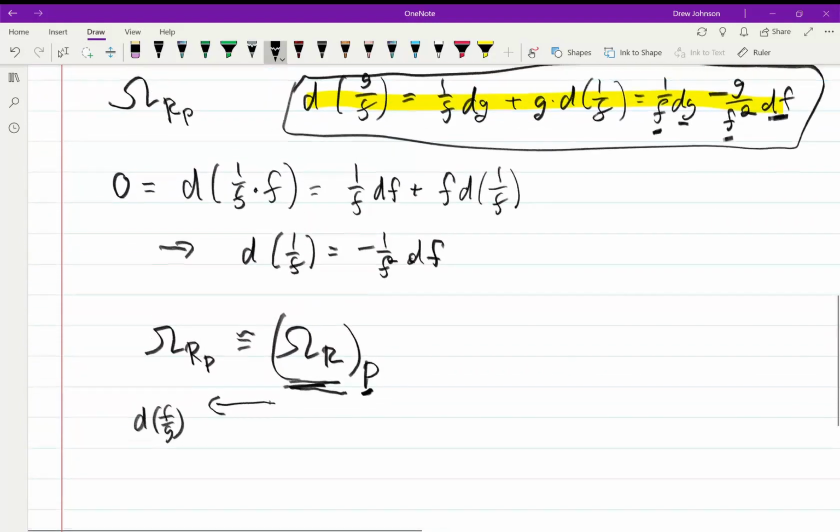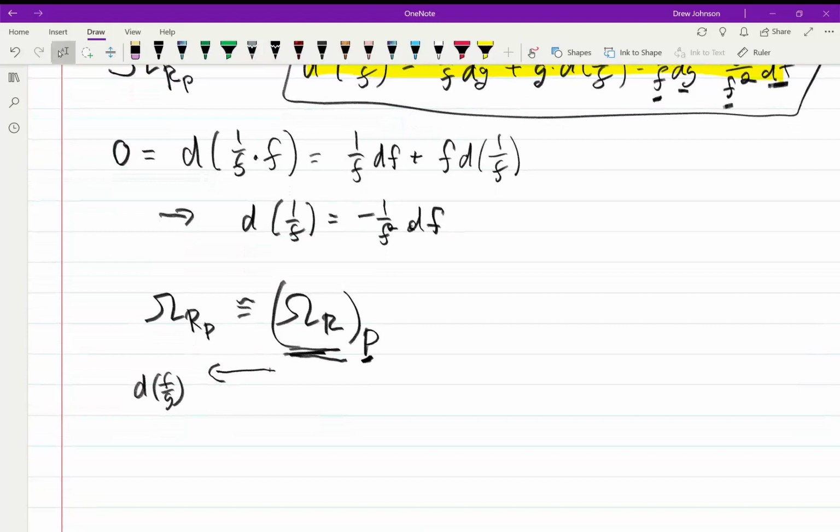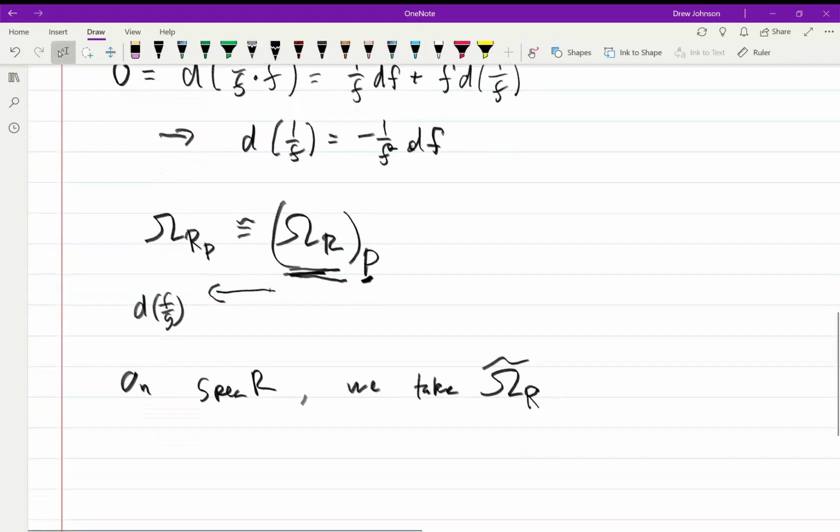Now, what's the good thing about this? Well, on Spec R, we can form a sheaf of modules, omega R tilde, right? Because remember, omega R is an R-module, so that makes sense.